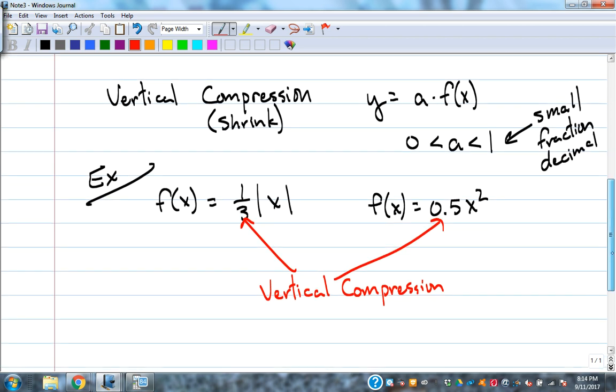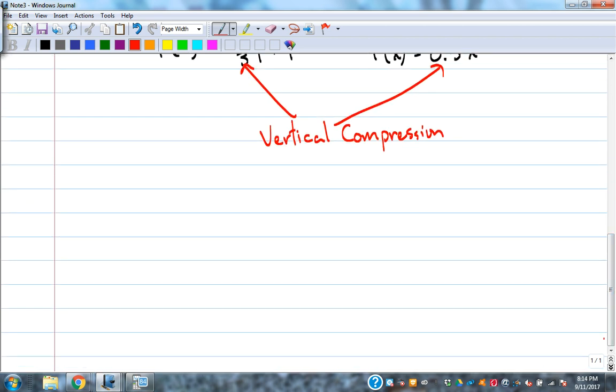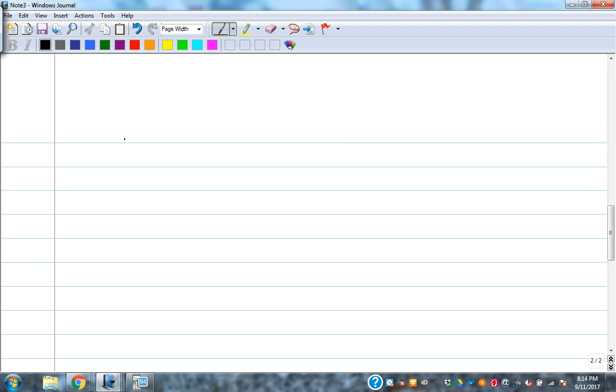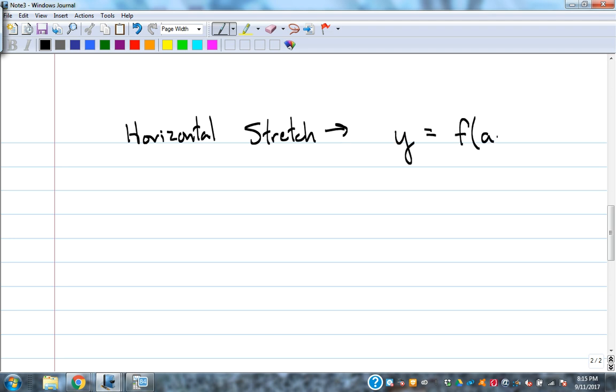Now, here's where we muddy the waters. We got more than two things that can happen. Horizontal stretches. A horizontal stretch happens on the inside, and it works the opposite way.